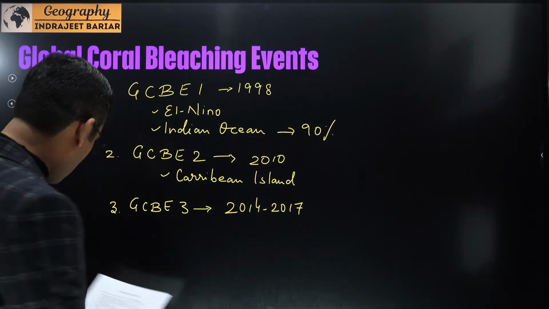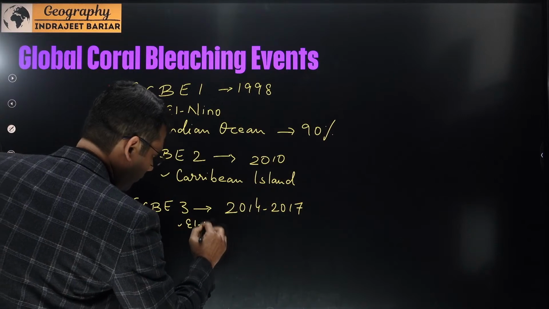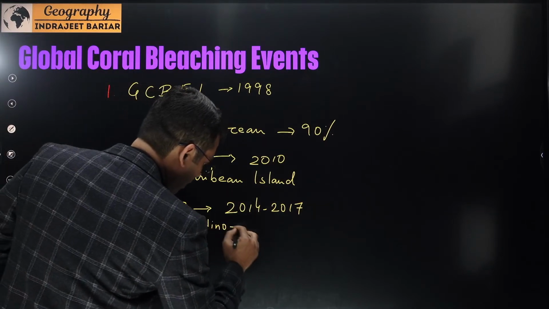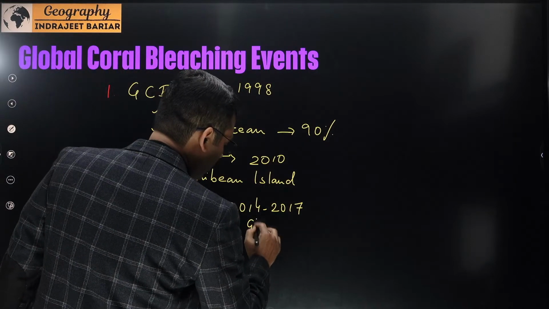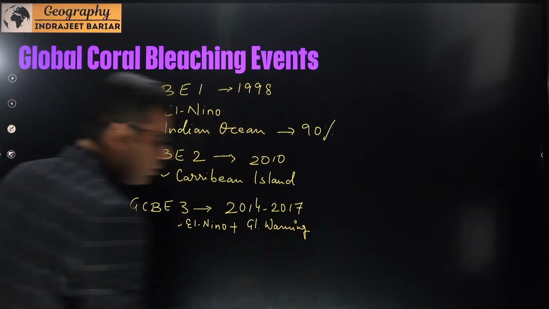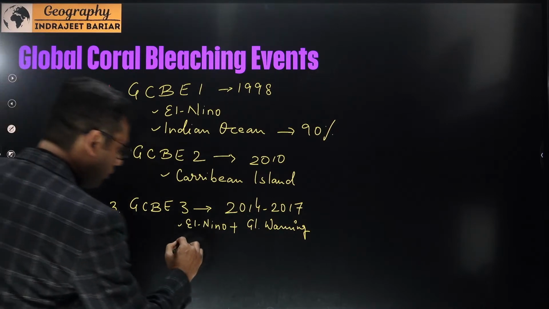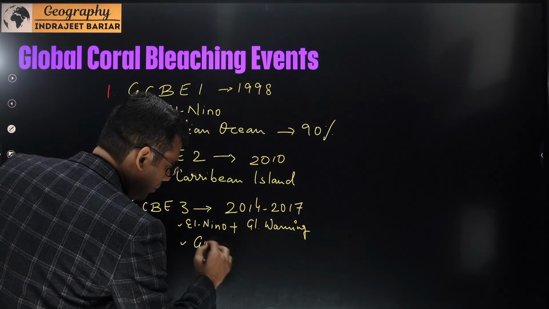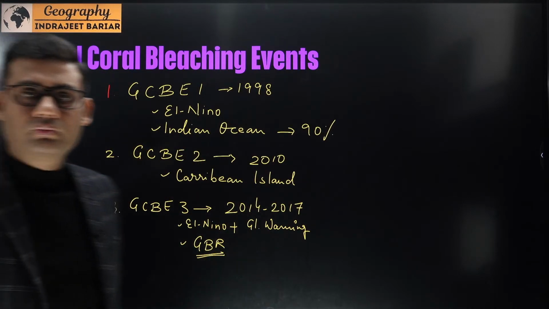Now in this case, this has been related to El Nino, and scientists say that this also was due to the impact of global warming. So both are the results over here. And in this case what we find is the Great Barrier Reef was majorly impacted.